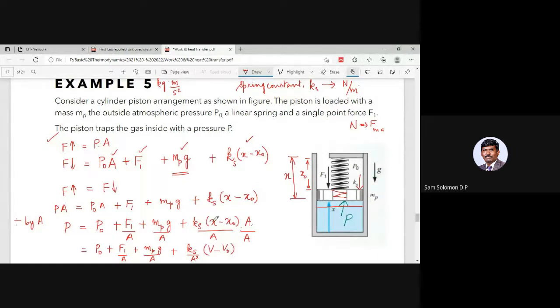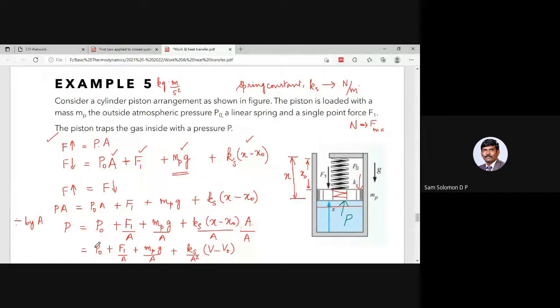X into A is length into area of the piston, so that would be the volume which is occupied by the air when the piston is pushed downwards. V naught is the volume which is available already. So I can write this as V minus V naught by simply multiplying A with displacement.